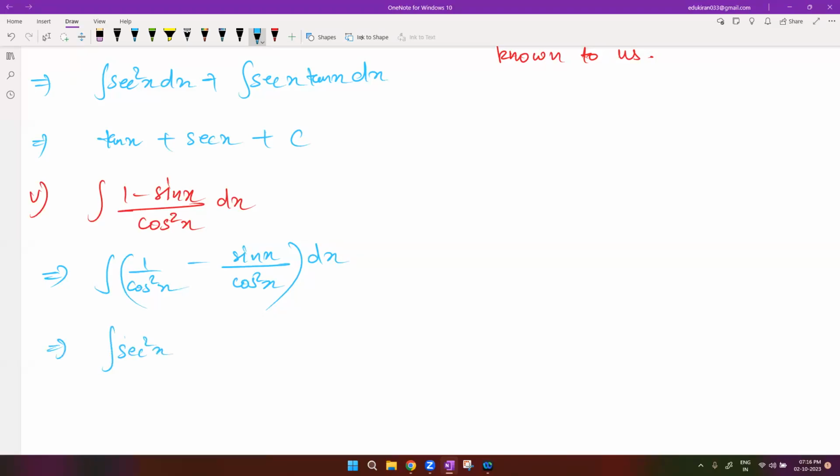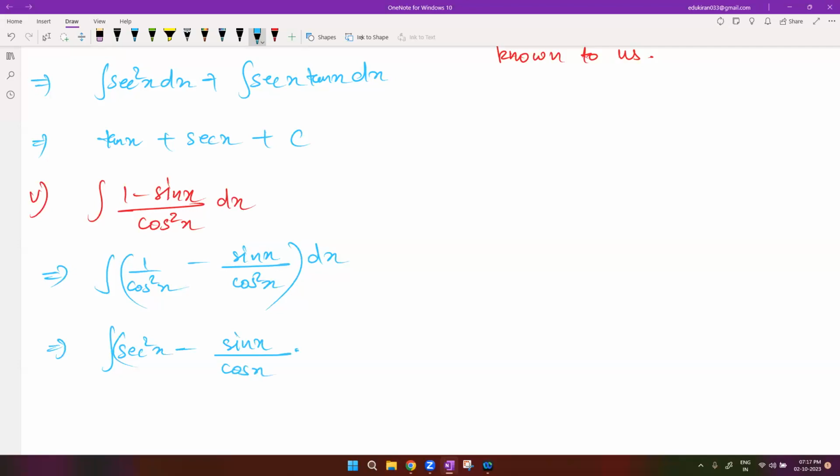And we do know the integration of sec square x, right? And this sin x upon cos square x? Tan x into sec x. Correct.